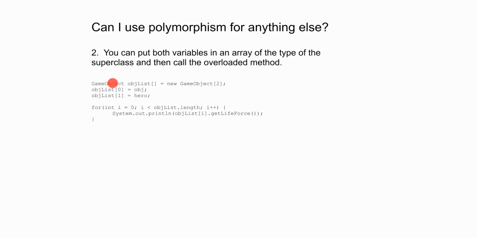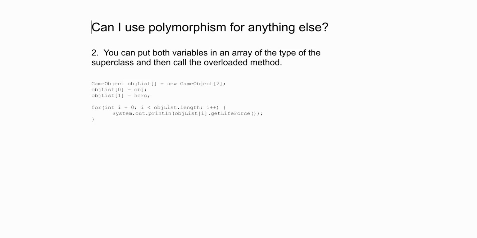I've got an object list, which is an array of type game object, and I assign it to game objects. So it becomes an array of 2 game objects, but they don't exist yet because they're just going to be references or pointers to game objects. The first one, object list sub 0, I set to be my OBJ, which was my game object. And the second one I set to be my hero, which was a character.